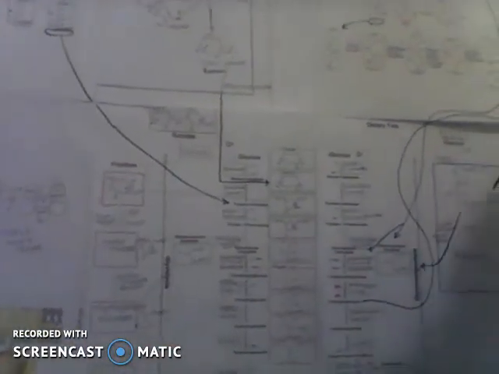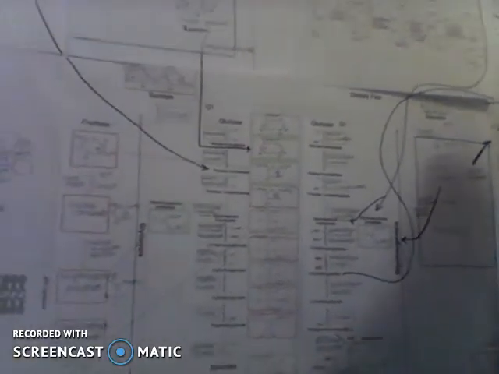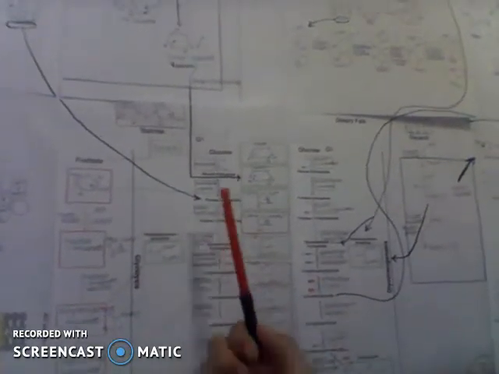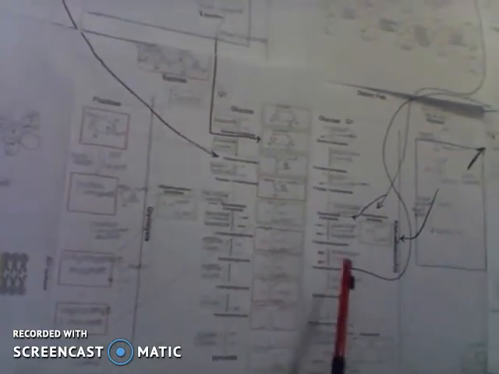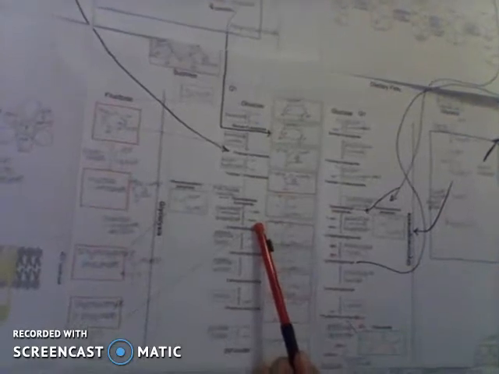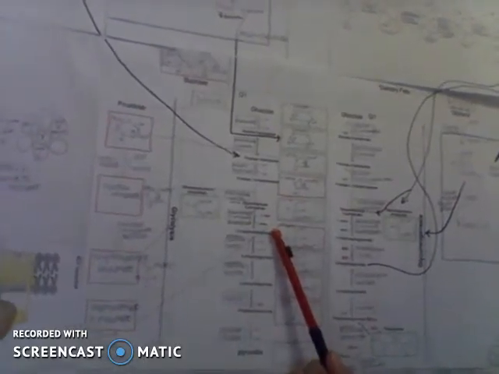Now, glycolysis is the production of the glucose to two pyruvate molecules. So during this, there are all these steps that occur. Two NADH molecules are produced right here.